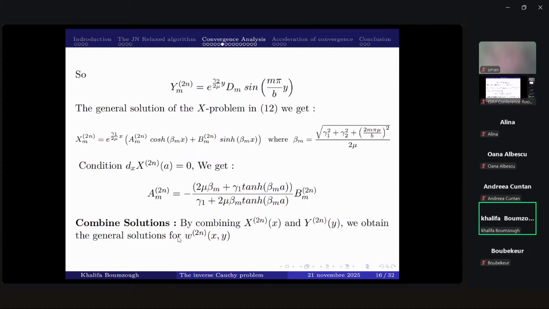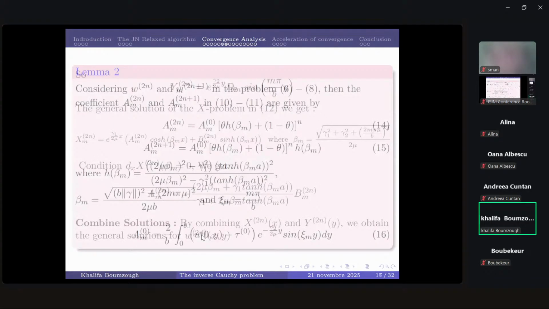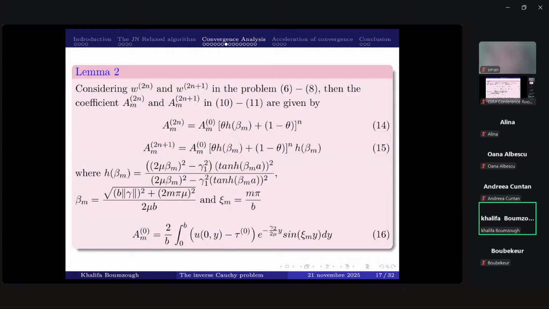By combining X2n and Y2n, we obtain the general solution for W2n. We use the same technique for W2n+1. We also need this lemma considering W2n and W2n+1 in problems 6, 7, and 8.